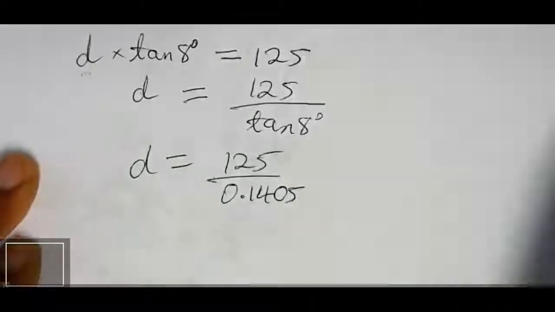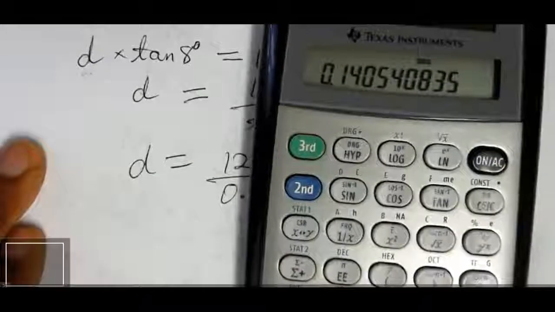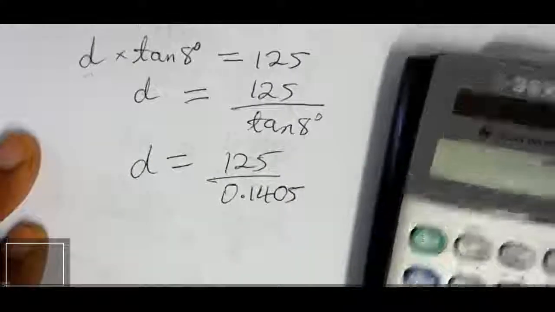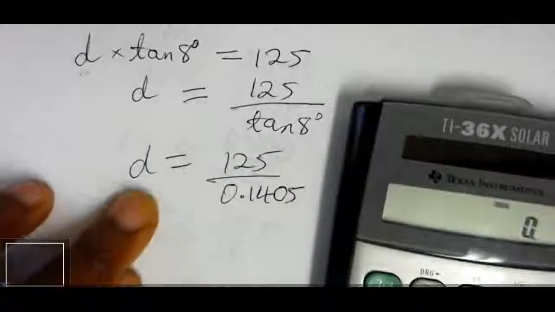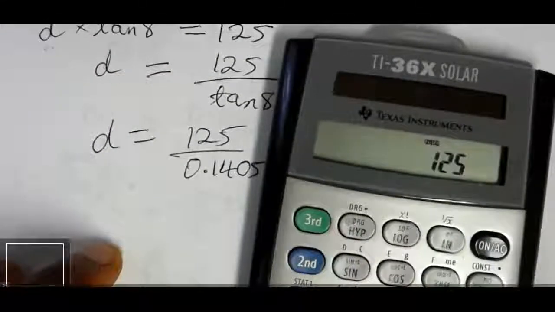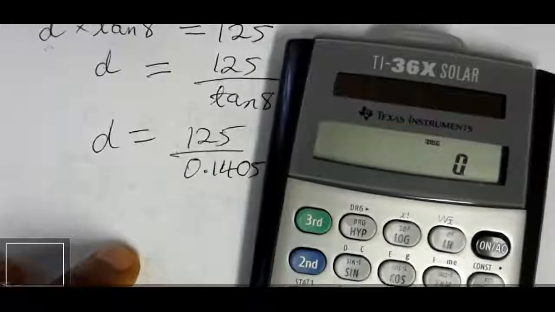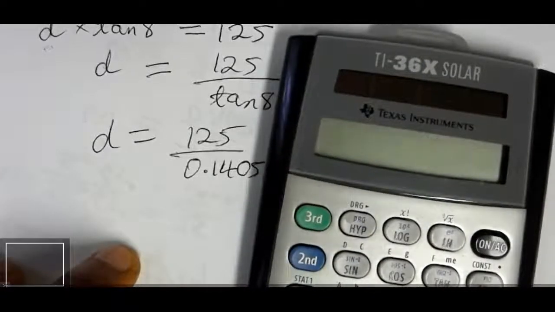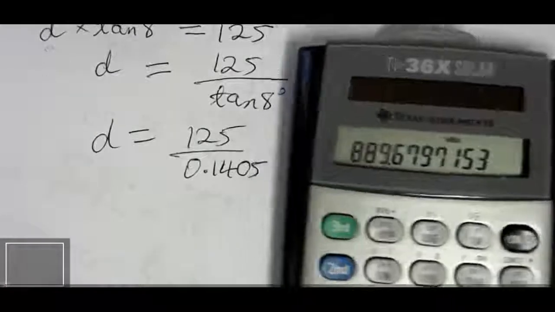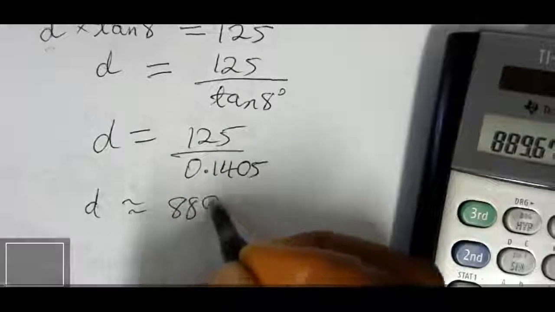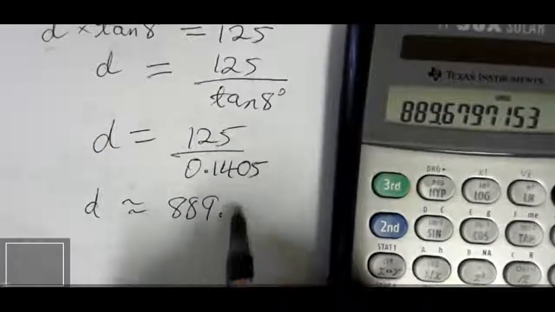0.1405. If you have store, you can use it, but for those who may not have it, let's just do it normally. Erase and type back in 125 divided by 0.1405. It gives us about 889.6.